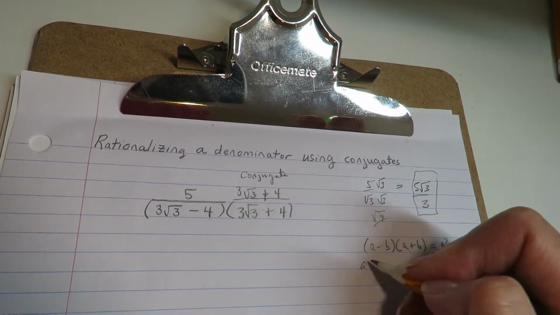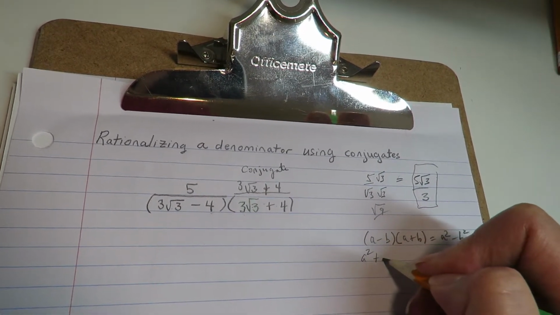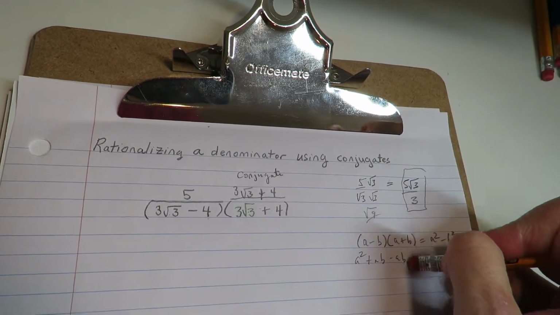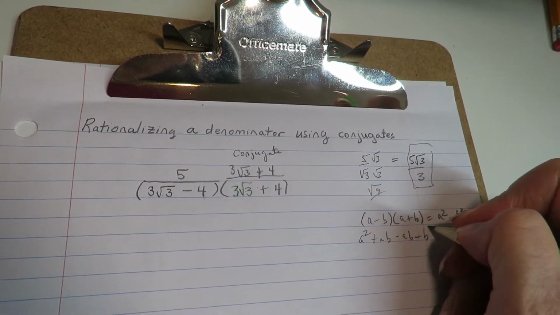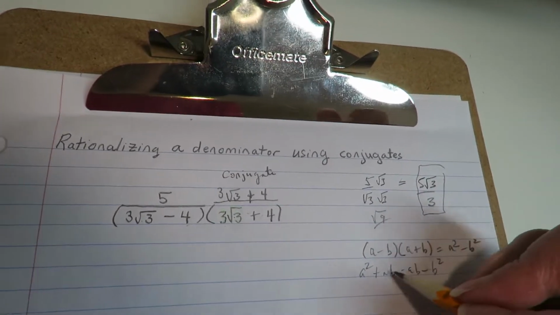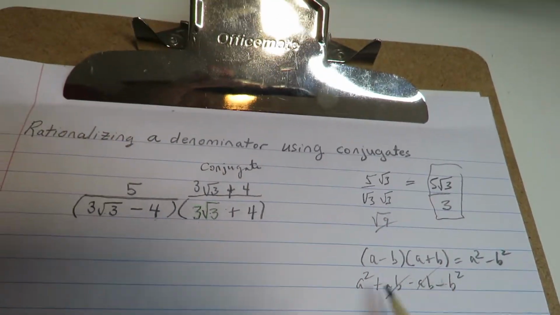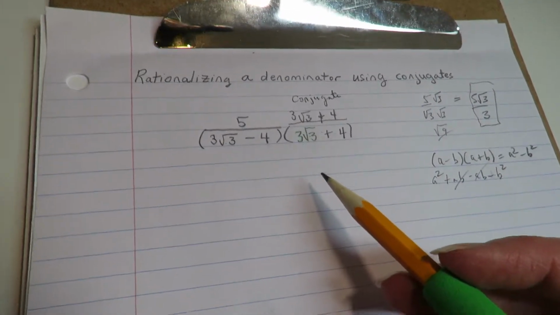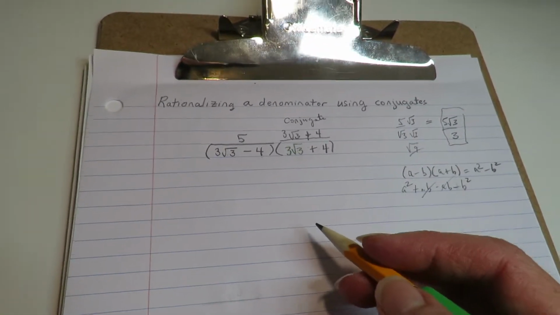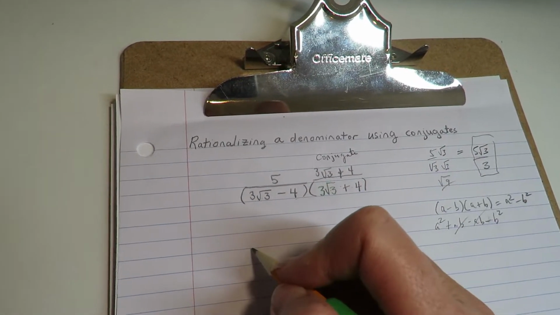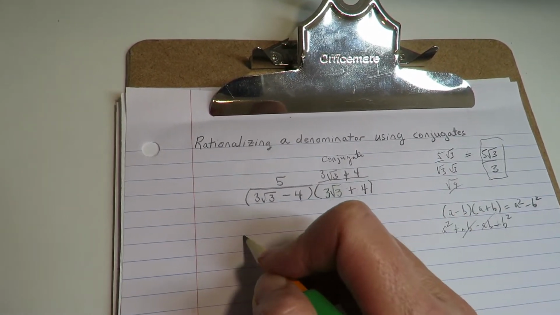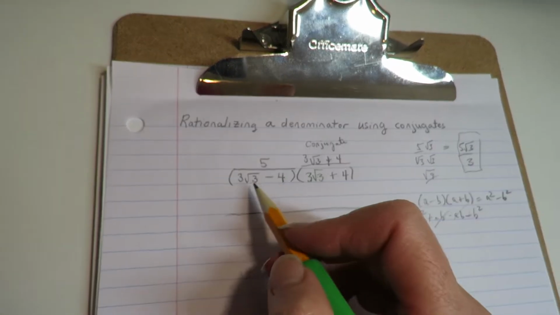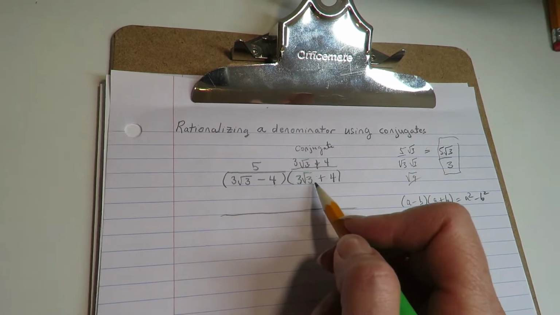As you can see here, if I wrote everything out, the middle terms are going to cancel. The same thing's going to happen here. But let me actually just write everything out in case that's something you want to see. I'll first start by FOILing out the denominator. So remember, when you multiply, it's outsides times outsides, insides times insides.